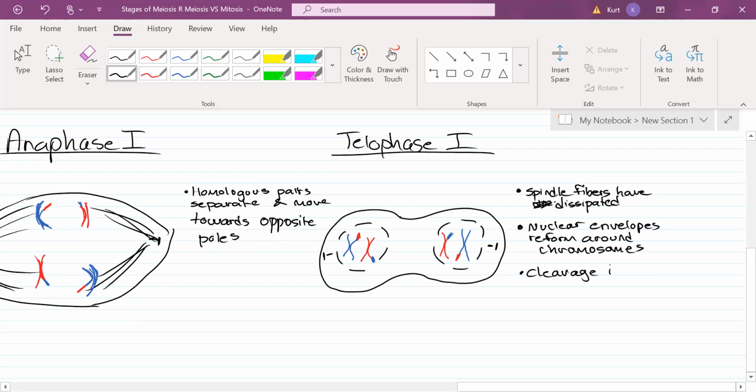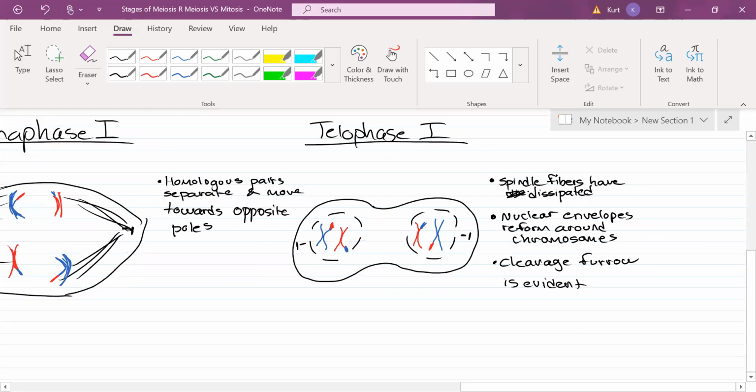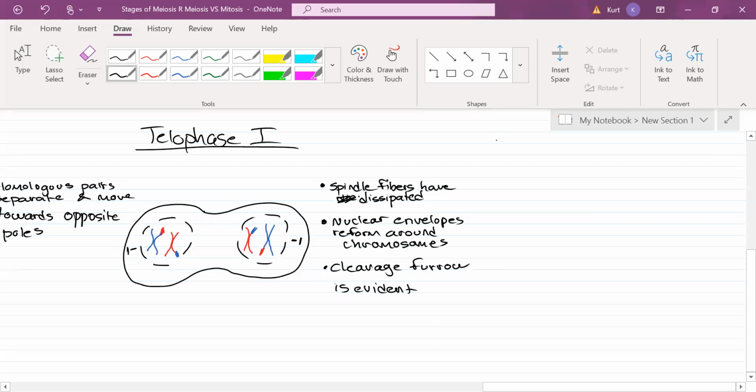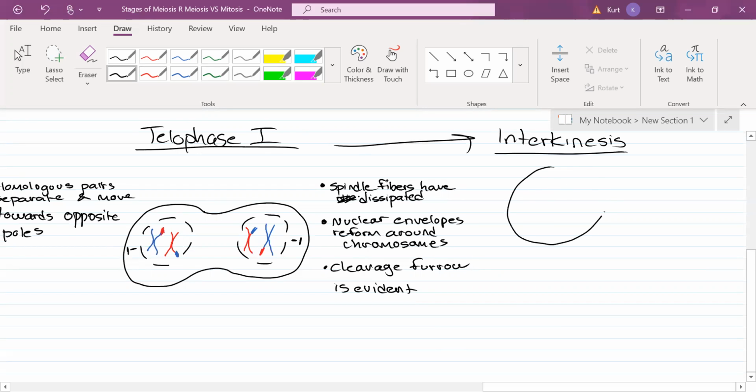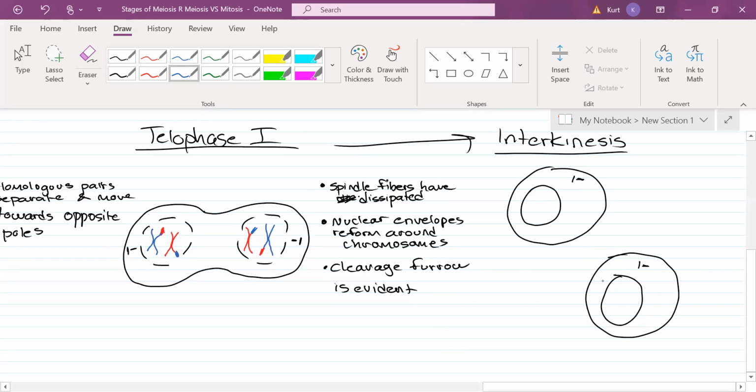The cleavage furrow is evident. You're about ready to divide into two daughter cells. And then lastly, we have interkinesis. And we now have two daughter cells.